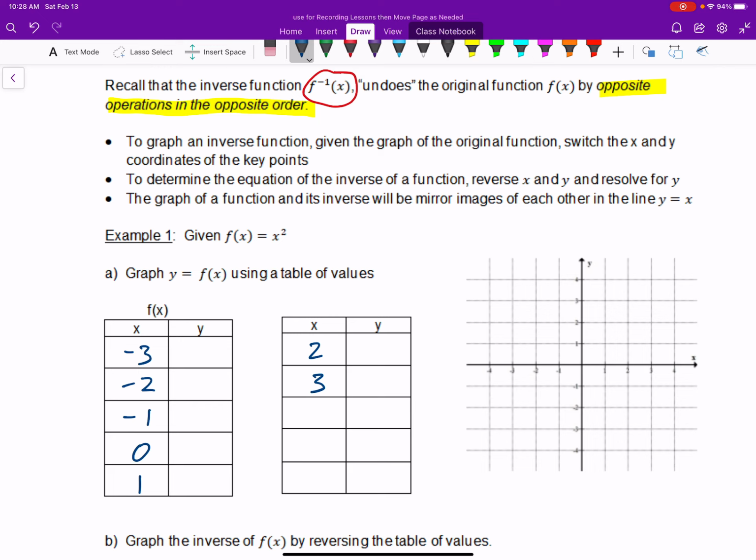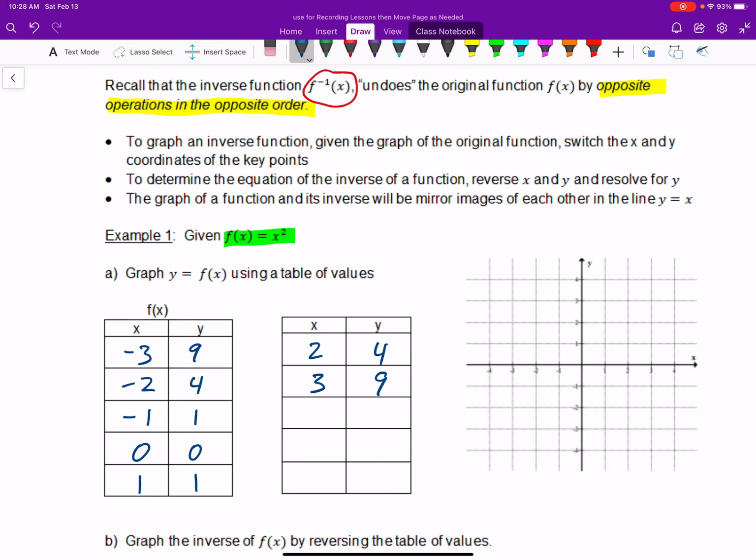When we plug those different values into f at x equals x squared, putting it in the equation means squaring it. So -3 squared is 9. -2 squared is 4. Positive, right? Because -2 times -2 is +4. Then 1, 0, 1, 4, 9.